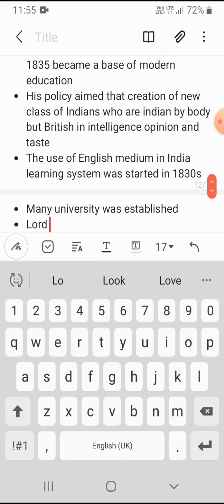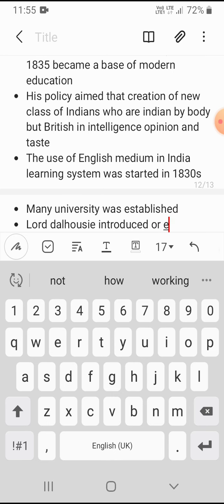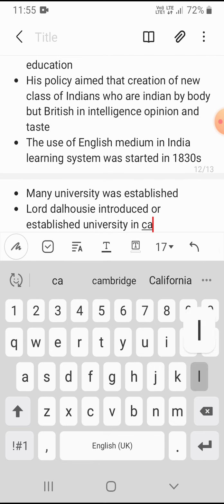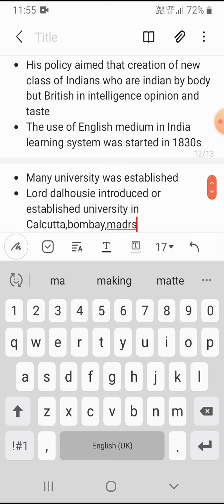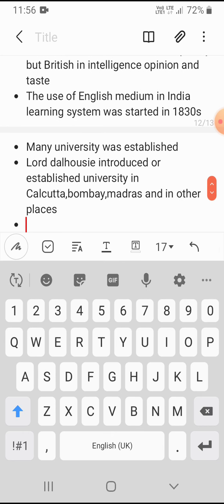Lord Dalhousie, as you know, who brought the doctrine of lapse and subsidiary alliance, Lord Dalhousie established universities in Calcutta, Bombay, Madras, and in other places. He made those colleges or universities.